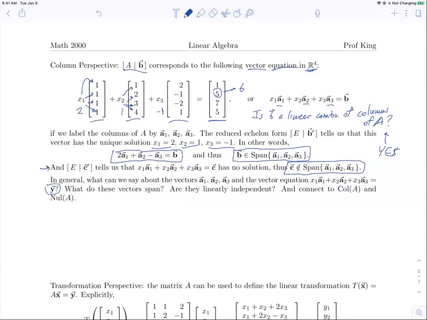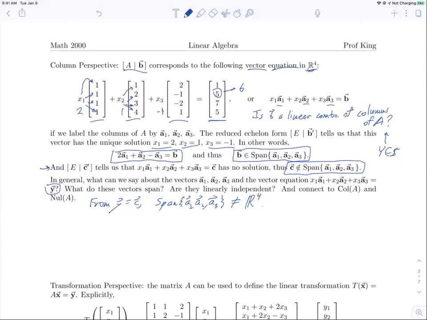So from the example with Y equals C, we know that the span of A1, A2, and A3 is not all of R4, right?